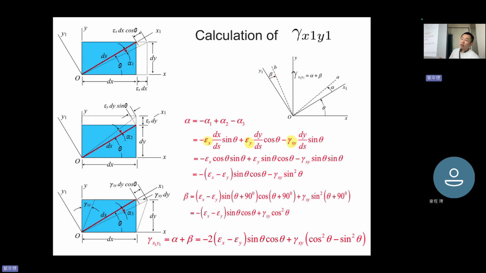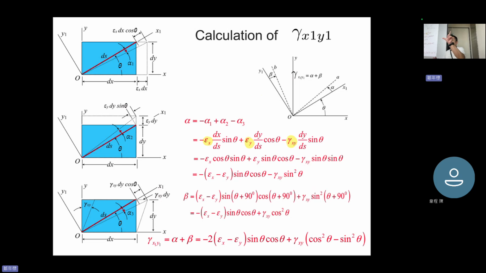This is a little bit difficult, so I focus on alpha first. I want to see how x1 rotates due to the 3 contributions. Later we will determine beta, and alpha plus beta will be gamma x1 y1.